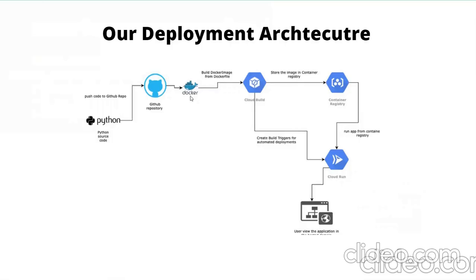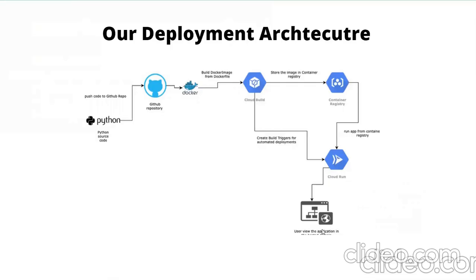Using the Dockerfile, we build the container, and that gets stored in the container registry. Then we run that particular container on Cloud Run, and that's how the user will be able to access our application.